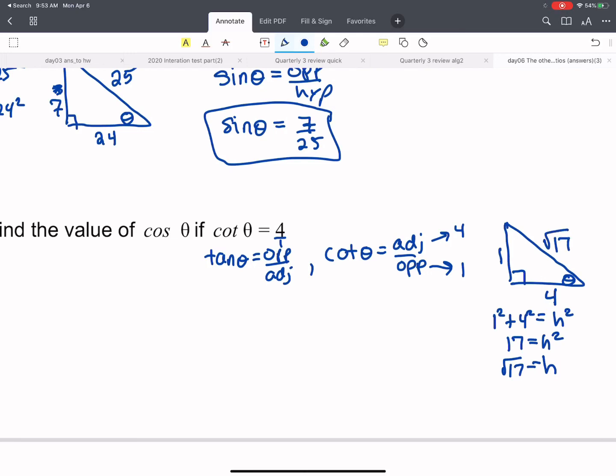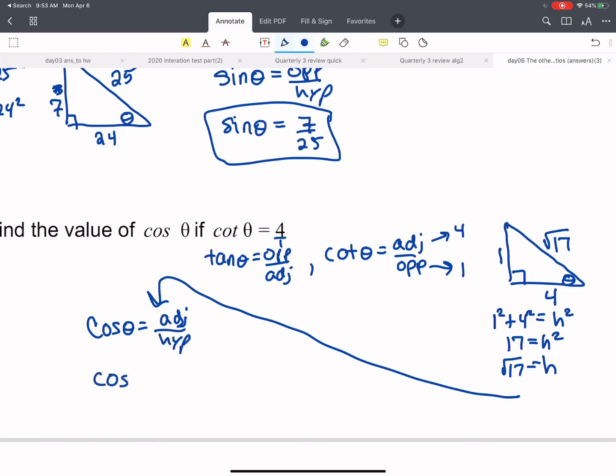So now I can figure out what cosine theta is. Cosine theta is adjacent over hypotenuse, so 4 over radical 17. I can't leave it like that. I've got to rationalize. So it's 4 rad 17 over 17.